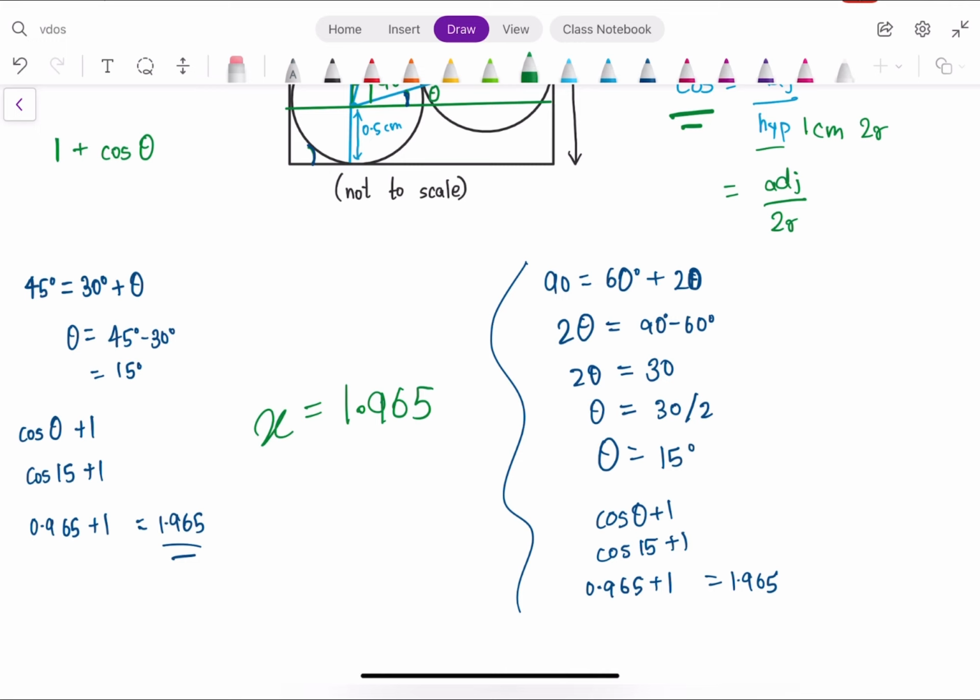So over here, we got our answer, which is 1.965. Now, both of these methods are correct, and if you solved this question before, and if you got this answer, which is the same on both sides, then your answer was correct.